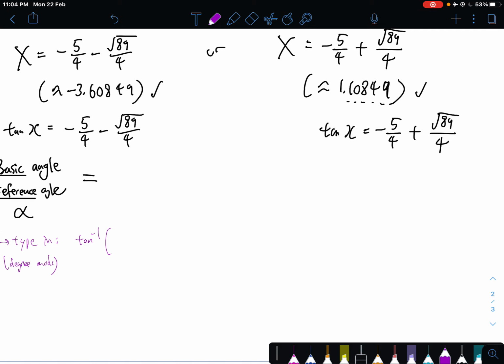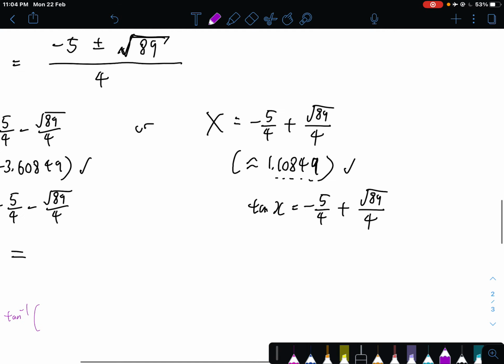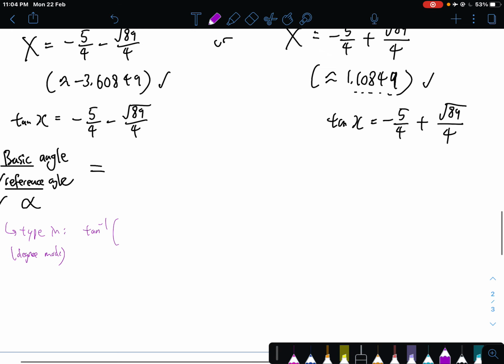When we are trying to find the basic angle by using the calculator's tangent inverse function, we will always want to use the positive version of whatever value we're trying to take the inverse tangent of. In this case it's -3.608, so we want the positive version.